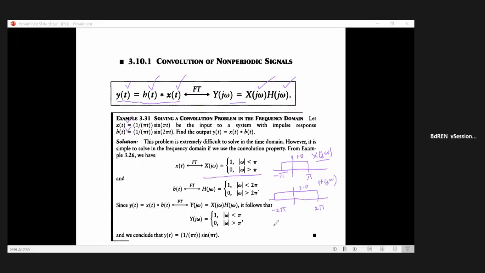Now, if you want to find the output Y(jω), Y(jω) equals X(jω) multiplied by H(jω). Then if we multiply these two figures, what will happen? Resultantly, what will we get?